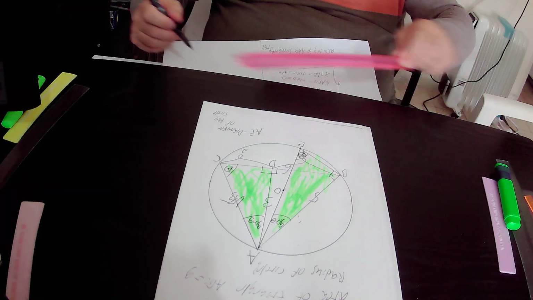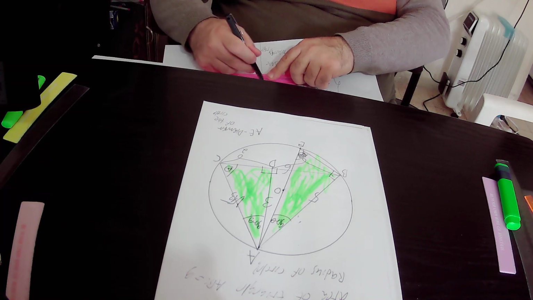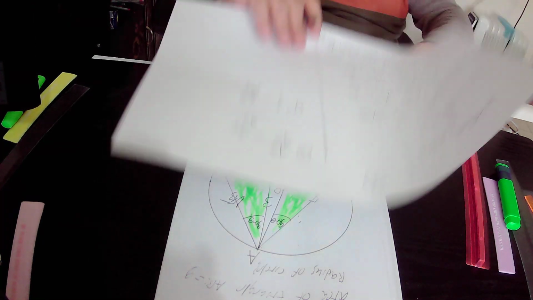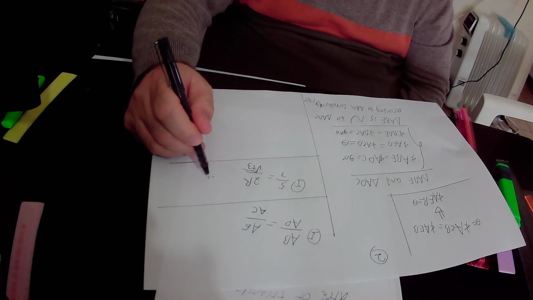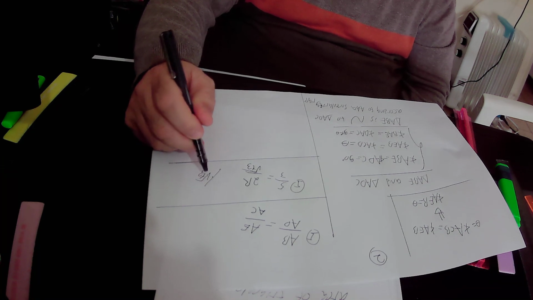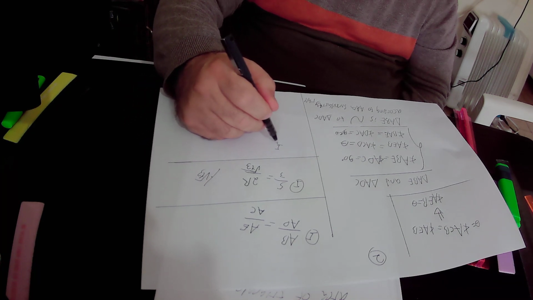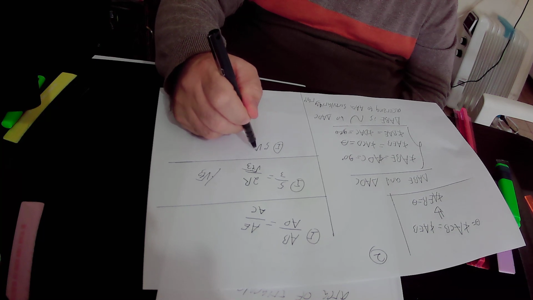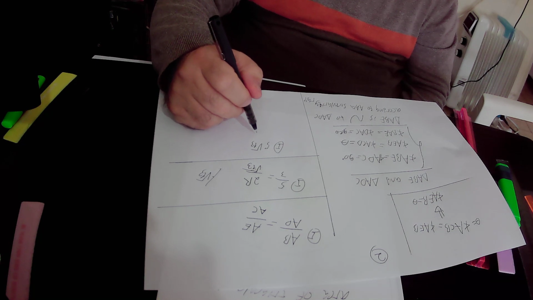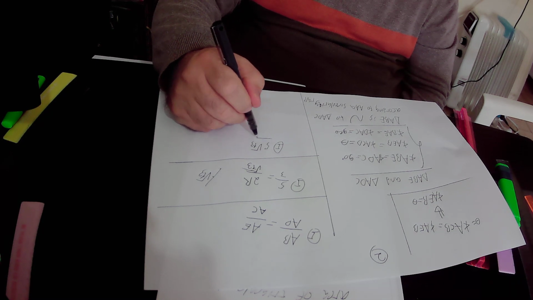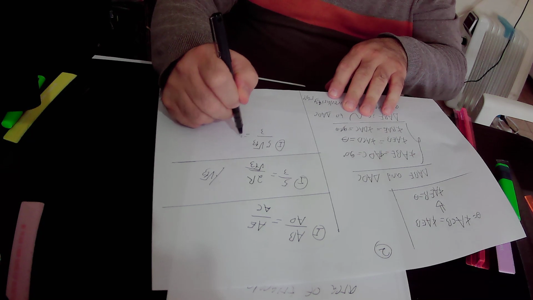So in conclusion, we found out that 5 over 3 equals 2R over square root of 13 units. Here we multiply this equation by square root of 13 units, and we get that 5 times square root of 13 over 3 equals 2R.